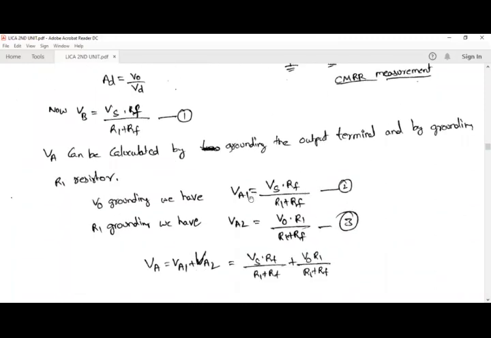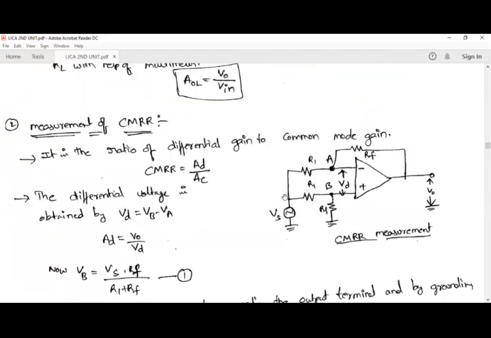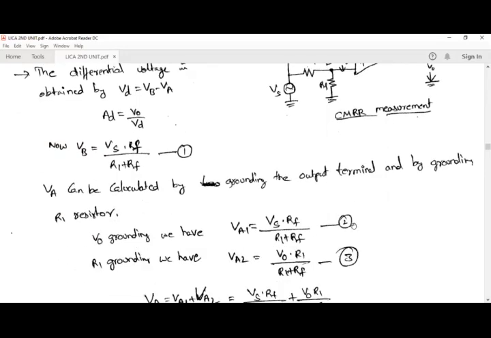That is, VA1 is equal to VS into RF divided by R1 plus RF. That is equation number 2.